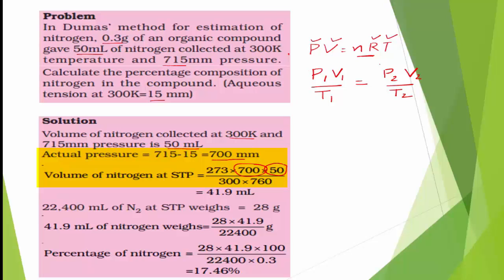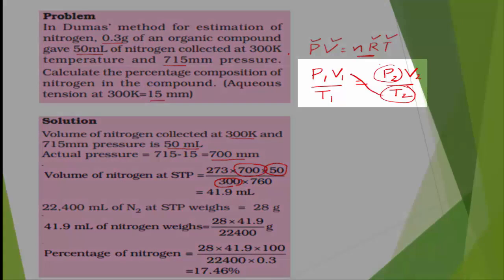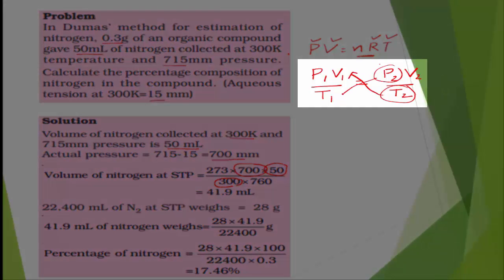Then temperature 300 Kelvin. Now take these two quantities to the other side, then you will be left with only volume.